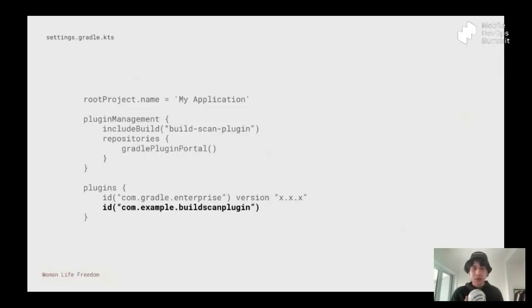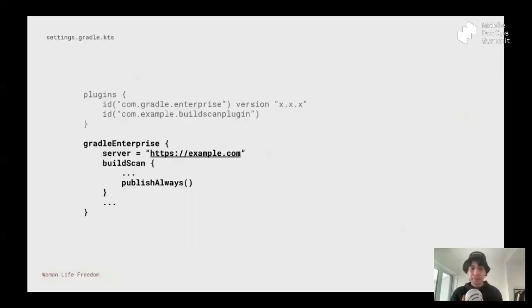And also check out the open source plugin source code and see how they are doing things when it comes to setting up the plugin. And most importantly, how they have implemented the plugin. One additional thing that I wanted to point out is that after creating your plugin, you still have this Gradle Enterprise configuration block in your settings.gradle file to set server URL and any other configuration that is needed.